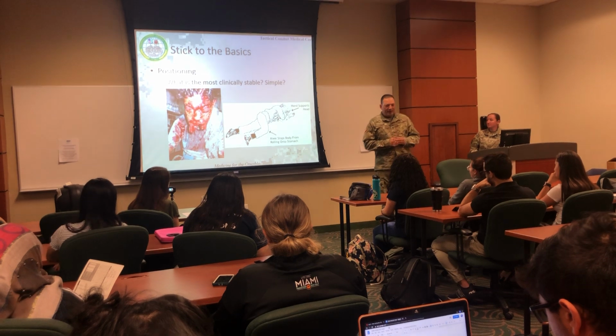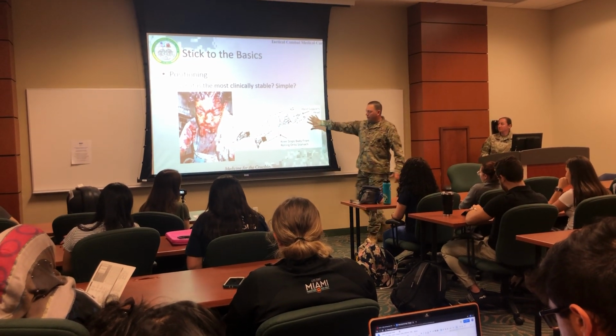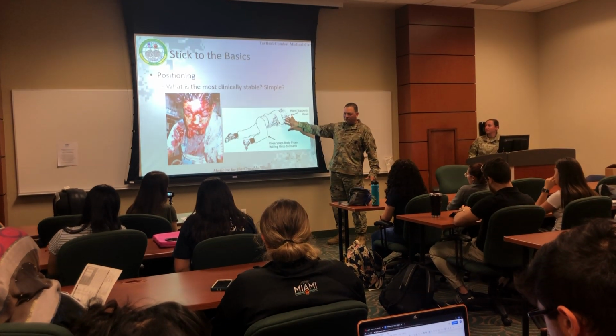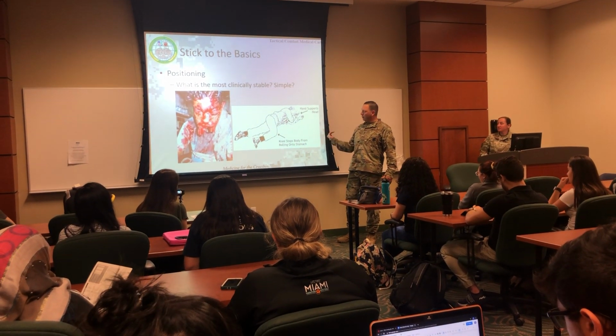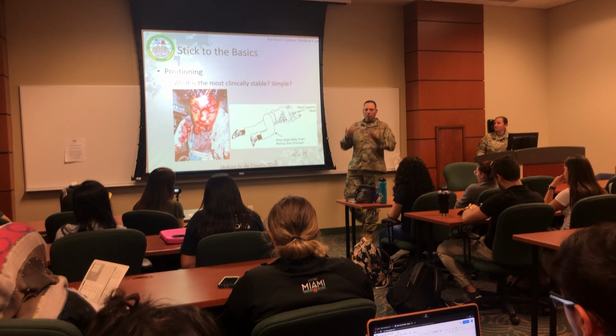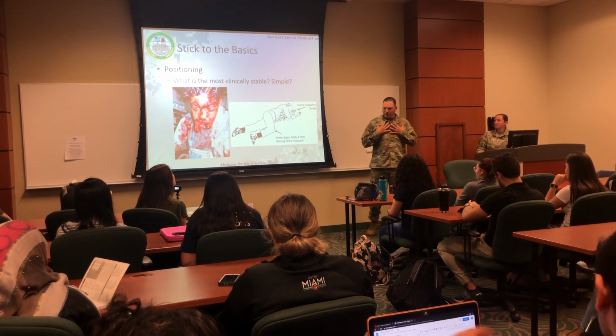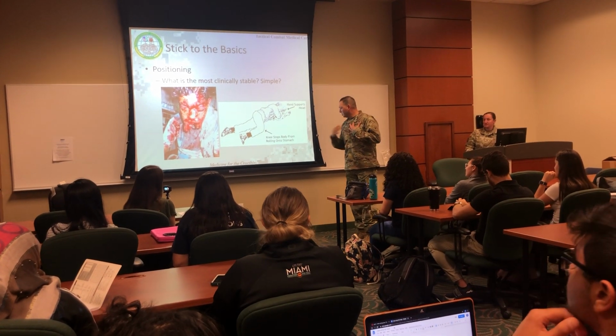Worst case scenario, that person vomits, or all of a sudden they become conscious, the fluid will naturally move off to the side. It won't just go into their lungs and cause them to asphyxiate, right? Next slide, please.